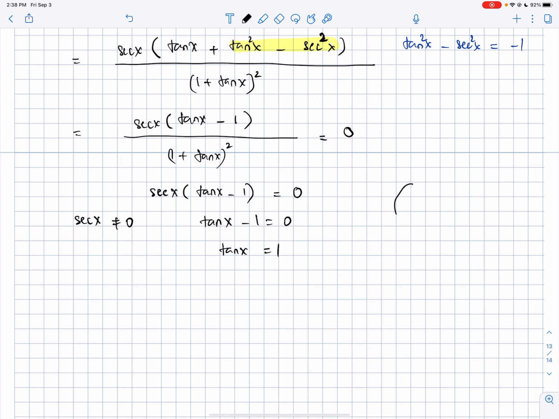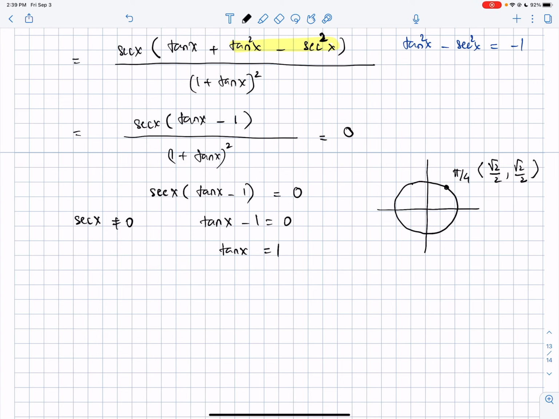And we recall from trigonometry that we're going to wrap the unit circle. So right here, we have the point pi over 4. The angle pi over 4 gives square root of 2 over 2, square root of 2 over 2. So sine is square root of 2 over 2, cosine is square root of 2 over 2, and the tangent is sine of x divided by cosine of x.